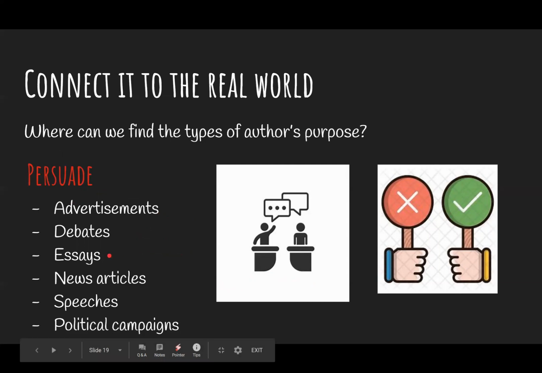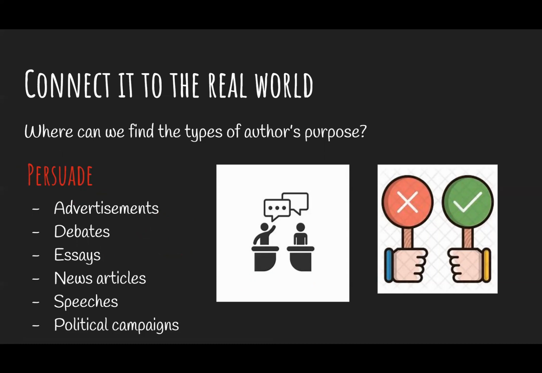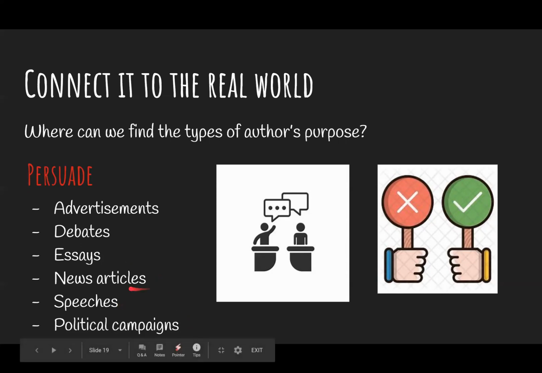Essays, sometimes essays can be trying to persuade or convince you of something. You may have written some of these before or looked at them before. News articles can be persuasive if they're trying to voice their opinion on a current topic. Speeches and political campaigns, this goes back to the president example. If they're trying to campaign for themselves as the president, they're definitely going to be persuading you to do something, to vote for them, right?